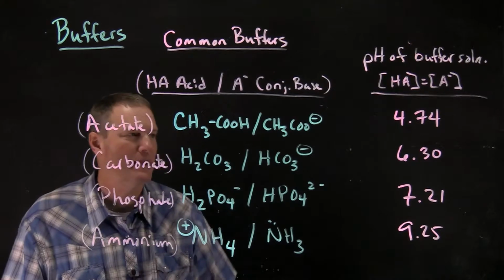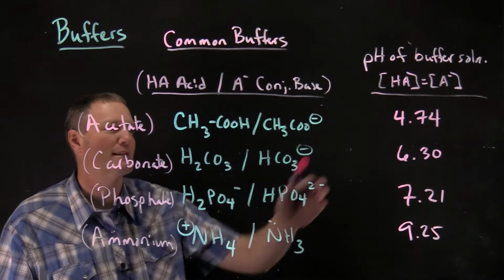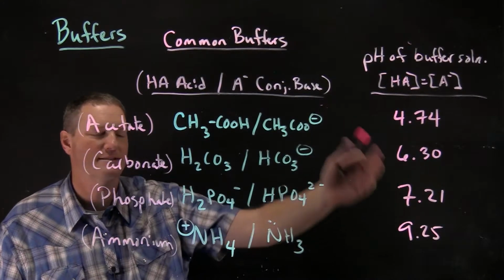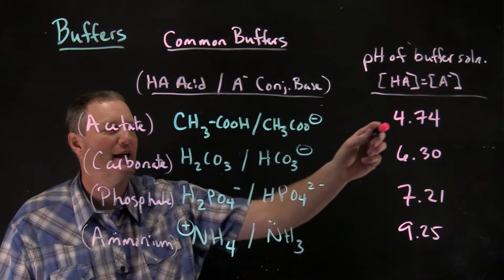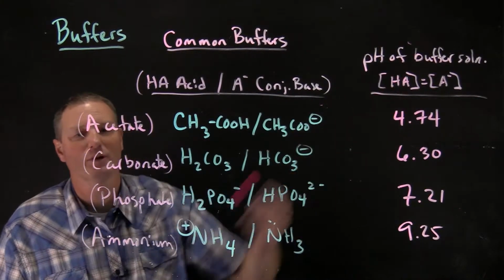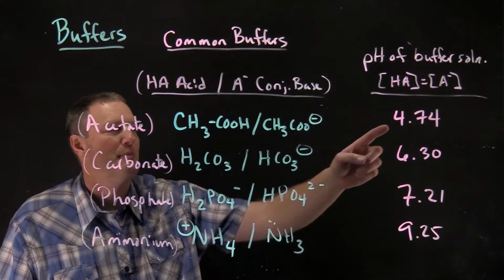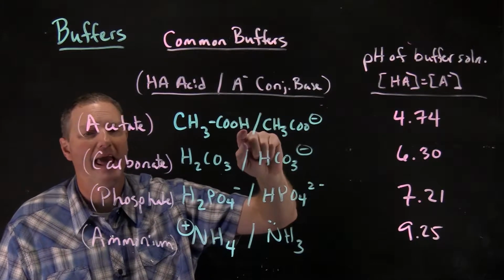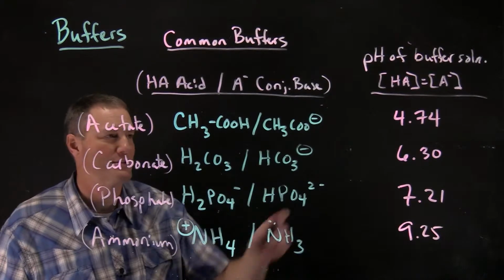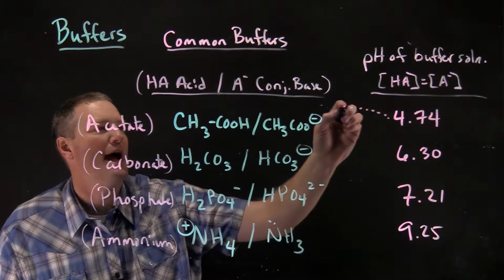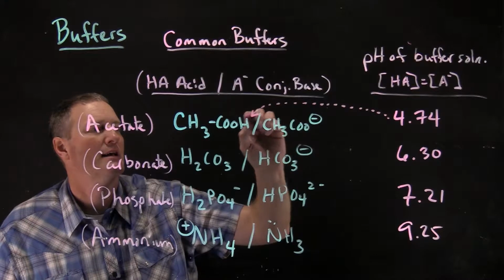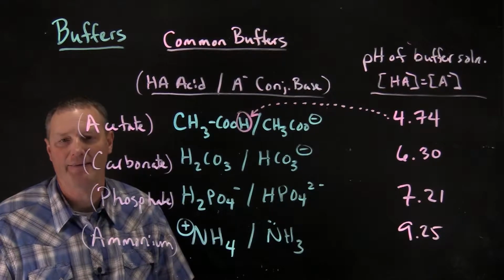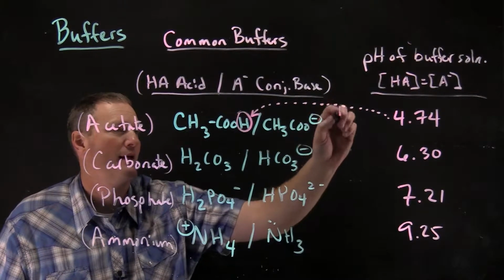Now, one of the really interesting things is that if you look at the pH of these solutions, it turns out that if these are mixed in equal amounts, the pH that you measure actually equals the pKa of the acid in that buffer system. So this value represents the specific pKa value for acetic acid.